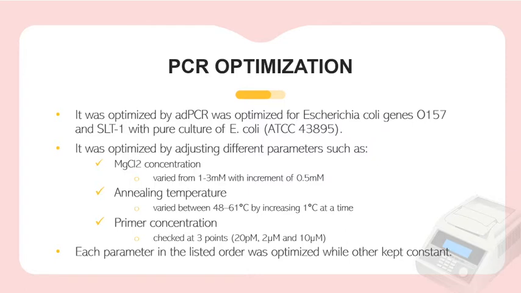Primers, which are short sequences of nucleotides complementary to both strands of the double helix of the DNA, bind the 16S rDNA region to initiate the replication process. It was checked at 3 points: 20 picomolar, 2 micromolar, and 10 micromolar. Each parameter in the listed order was optimized while the others were kept constant.